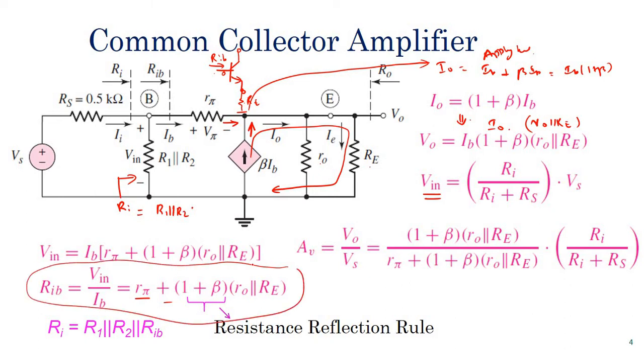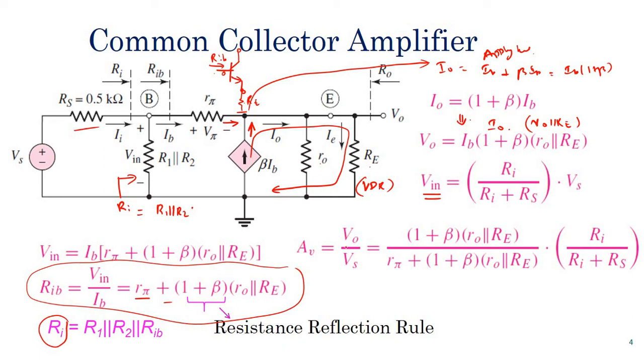And this Ri is the total impedance at the base, which is R1 parallel R2 parallel Rib. So Vin is Ri divided by Ri plus Rs times Vs, which is the voltage divider rule. We have applied the voltage divider rule and obtained this.